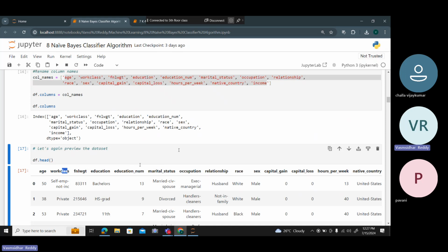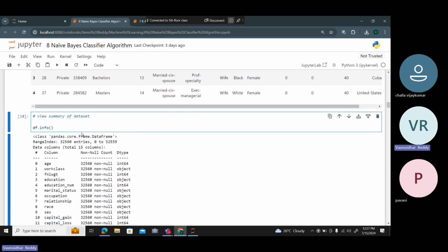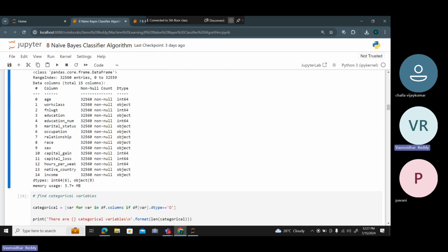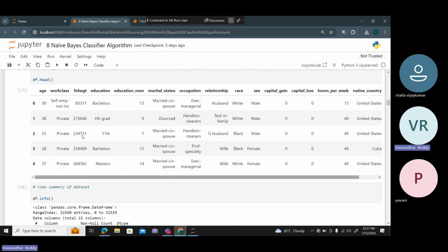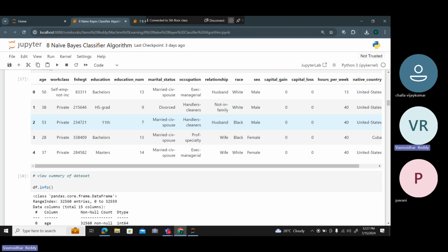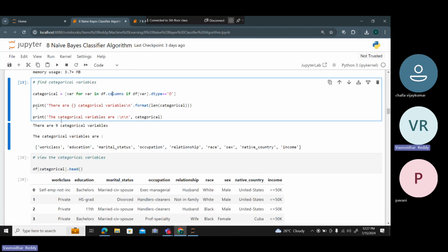After renaming, I'm doing some analysis with info. I have a lot of categorical variables here, so I need to find these categorical variables.